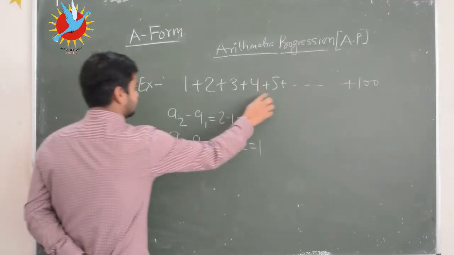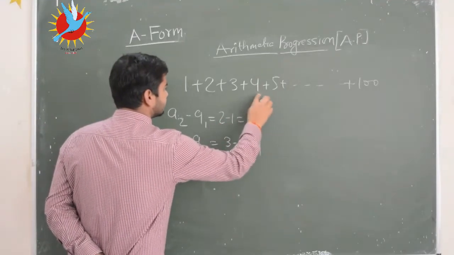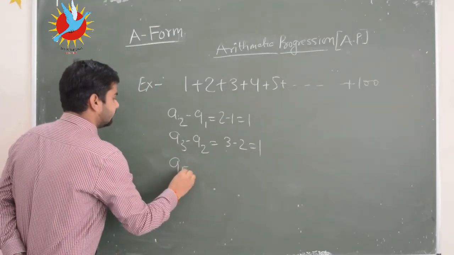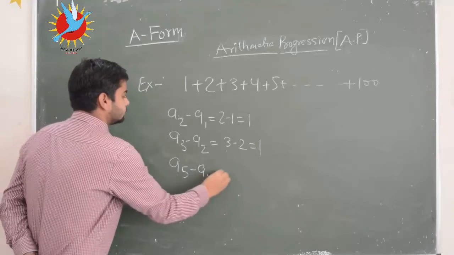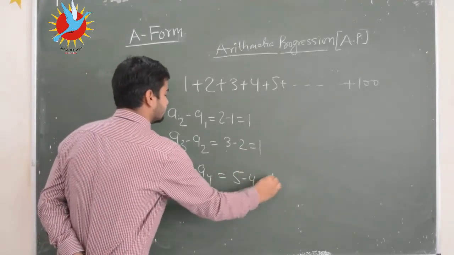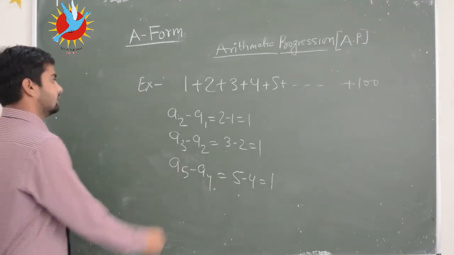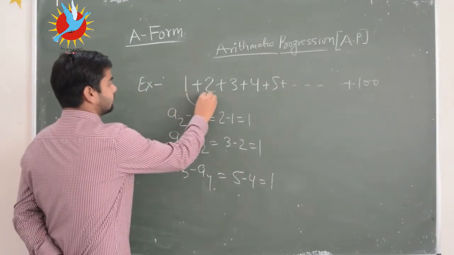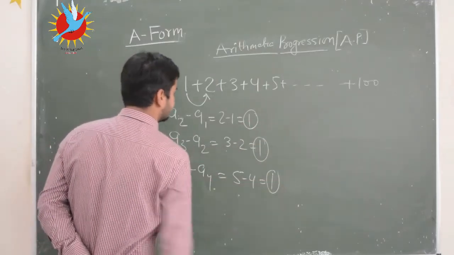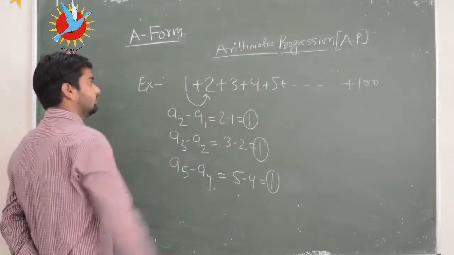And for the fifth and fourth terms, a5 minus a4 is 5 minus 4 equal to 1. So we can say the difference between any two consecutive terms is constant, and that is 1. So here the common difference is 1 and it is constant for the whole sequence.